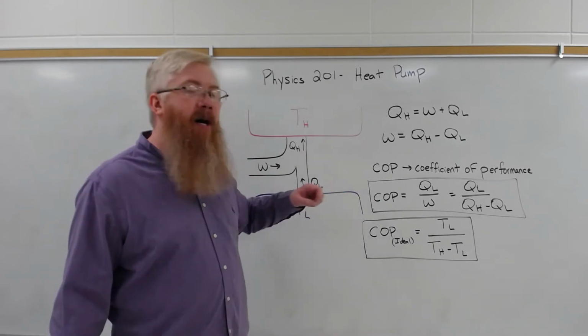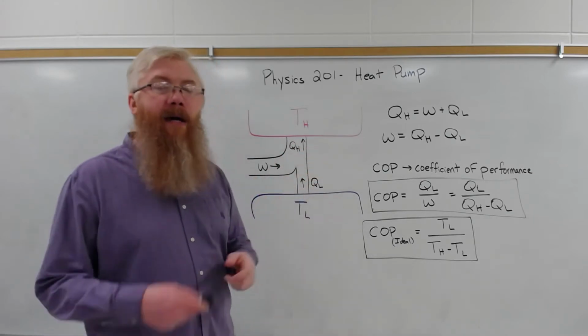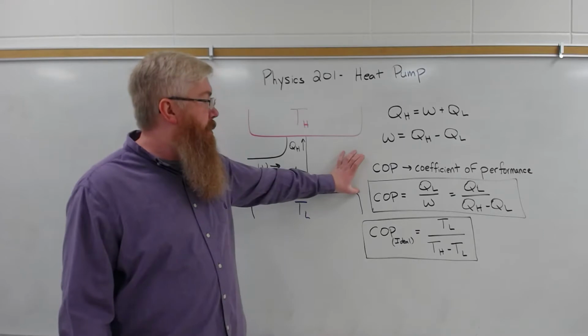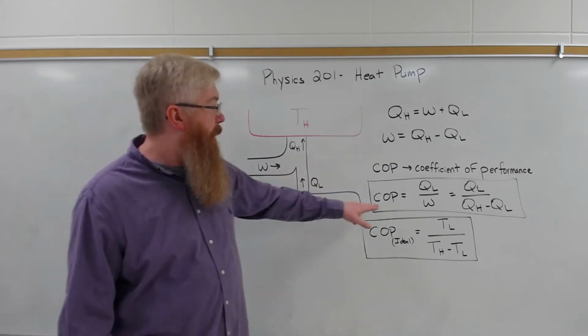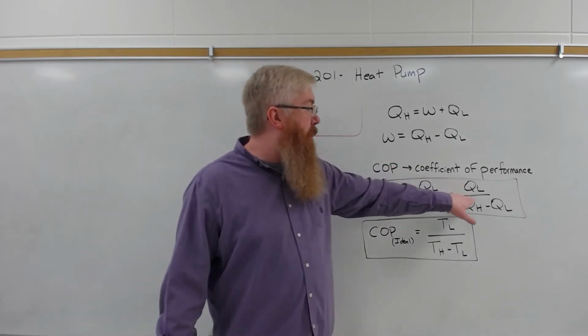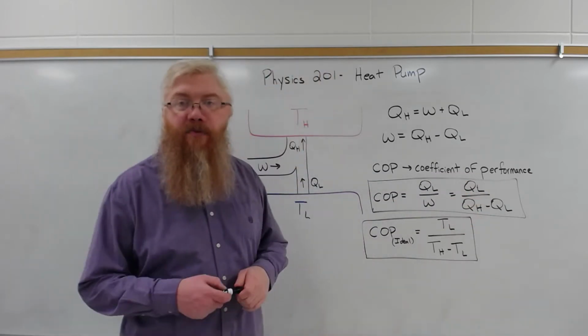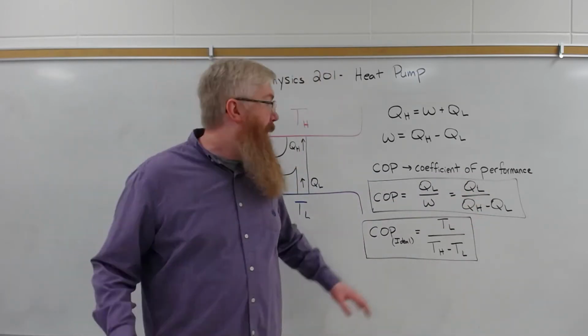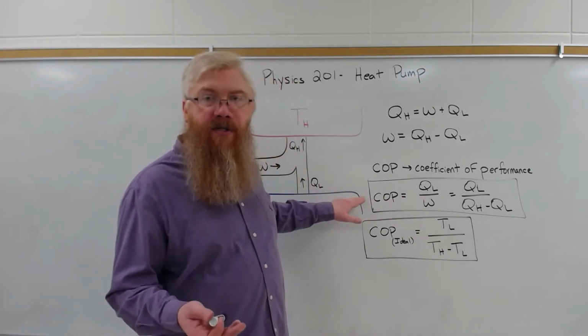Now, your book talks a little bit about the difference between coefficient of performance for a refrigerator and a heat pump, and I'll talk about that in a moment. For the sake of argument, let's pretend they're the same for now. So, plugging in the equation for work down there, you get the coefficient of performance is equal to Q sub L over the difference in the heat, Q sub H minus Q sub L. Again, this equation holds for all refrigerators, air conditioners, and so on.